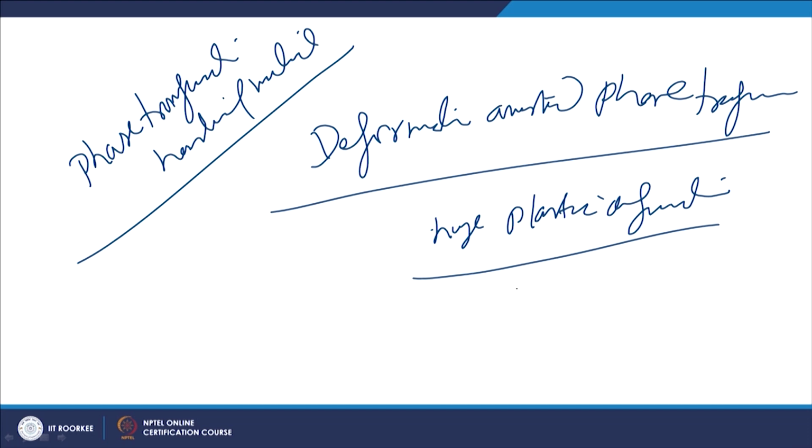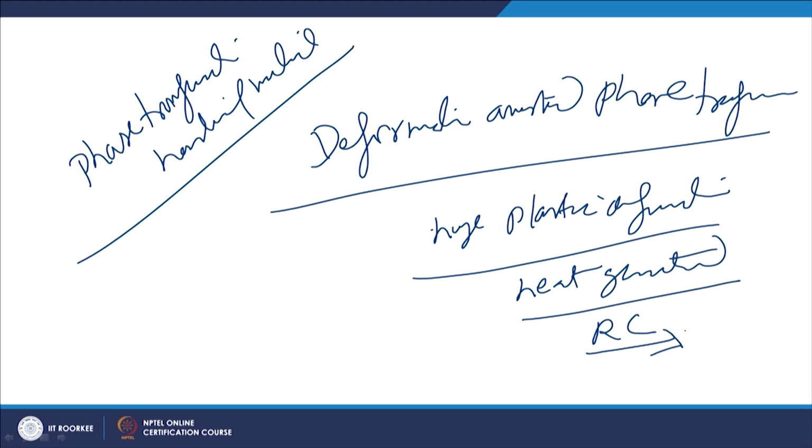In this process a lot of heat is generated, and the heat generated followed by rapid cooling again leads to the formation of hard phases in the weld zone as well as in the heat affected zone, but mostly this kind of phase transformation is experienced in the weld metal region.